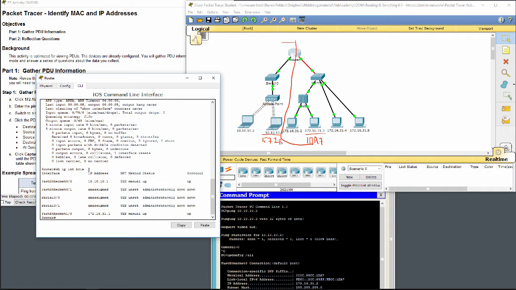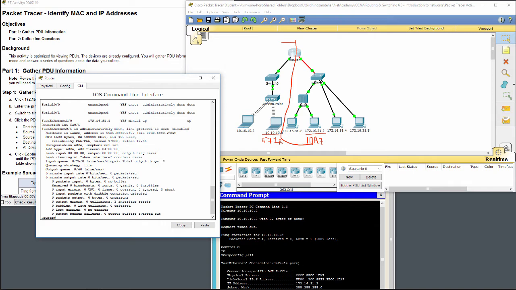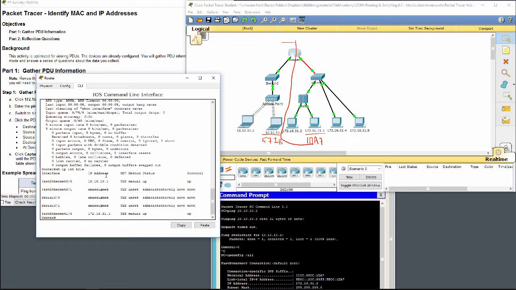It's FA1/0. So I do show int FA0/1, sorry, and it's administratively down. How can that be? Okay, two different interfaces, 1/0.